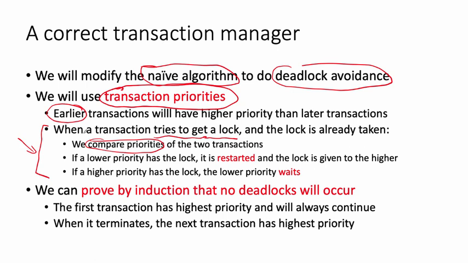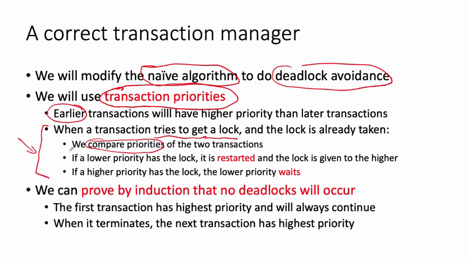But if I have high priority and there's a low priority transaction that has the lock, then I will restart that low priority transaction. That means I will force it to release all its locks and start all over again, and I will take the lock.